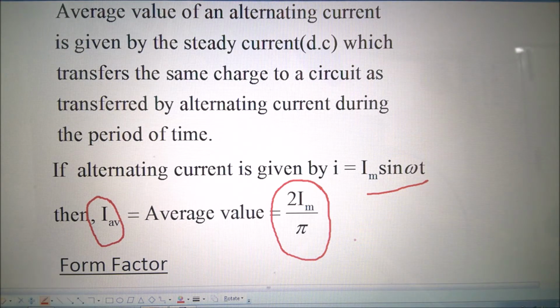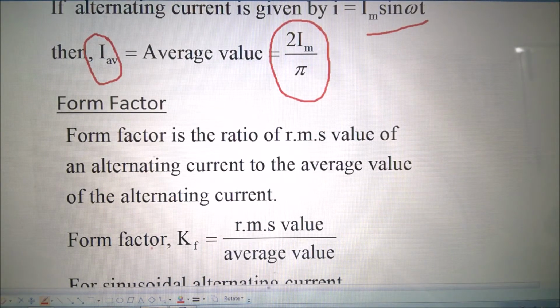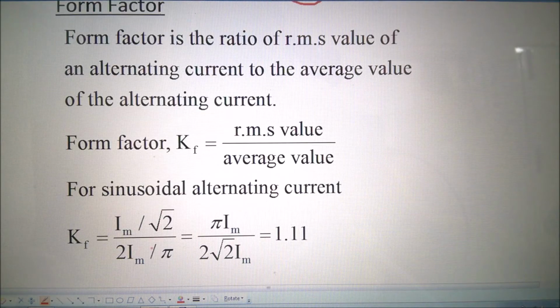Now another term we should know is the form factor. Form factor, denoted by Kf, is the ratio of the RMS value to the average value. Now we know that the RMS value is the maximum current divided by root 2 and the average value is 2 Im divided by pi, and this is for a sinusoidal waveform, an important thing.